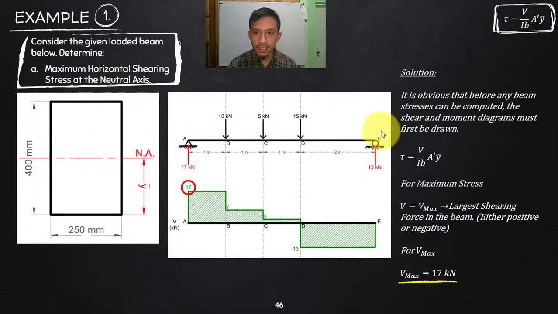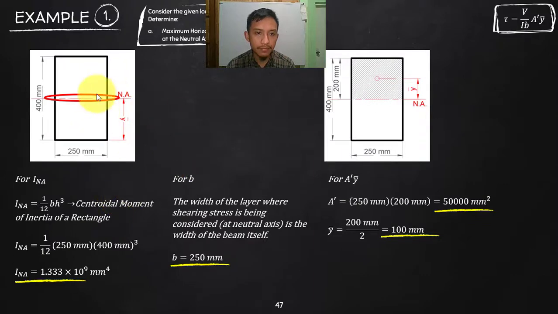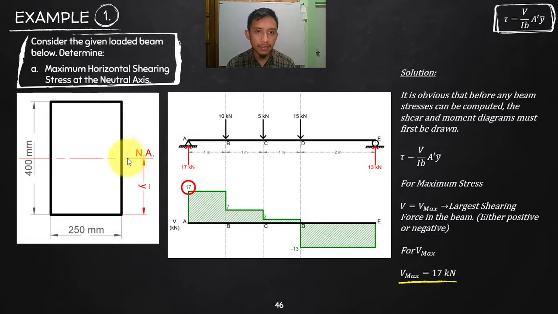So let's have an example for this. We have here a plain rectangular section. Again, your formula is this. The question there is to find the maximum horizontal shearing stress at the neutral axis.